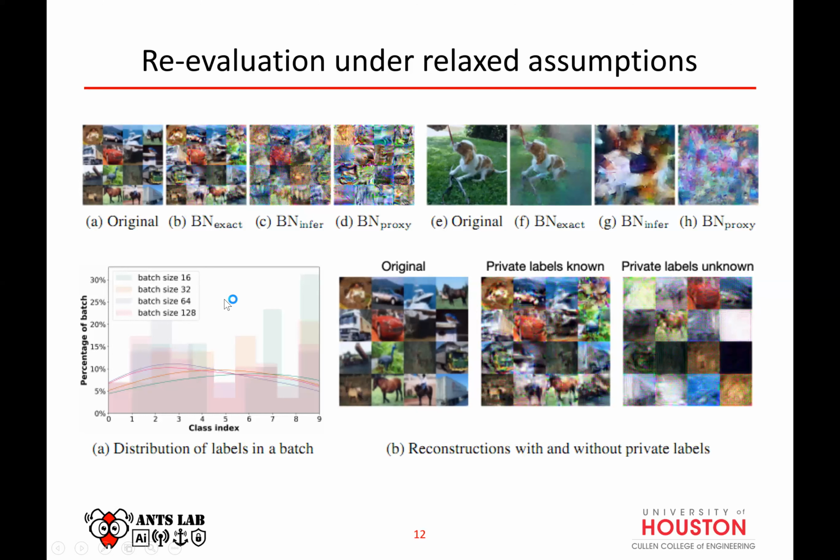So under this setting, if the private label is unknown or needs to be inferred, as I mentioned before, the attacker can only know how many labels are in this batch, but if some samples have the same labels, the attacker cannot identify the exact label information belonging to each sample.